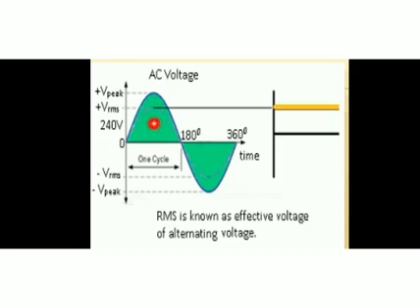So the amplitude of RMS voltage is less than that of the peak voltage, and the RMS voltage is equivalent to the DC voltage. This represents the DC current or DC voltage.